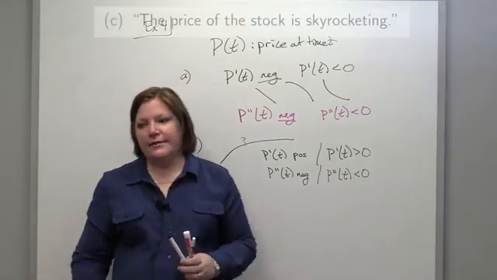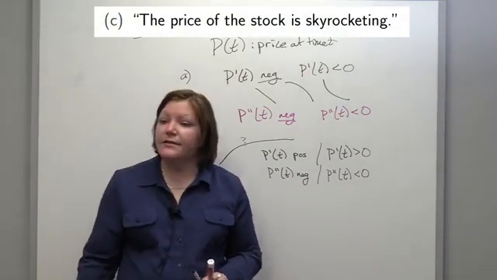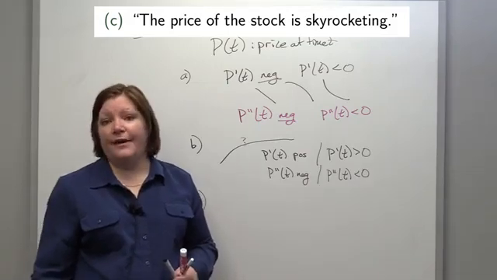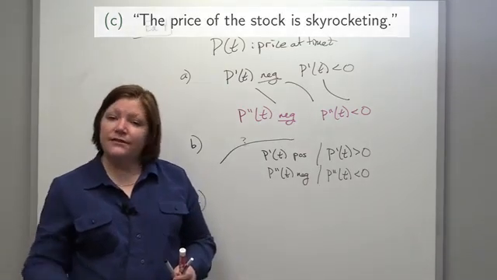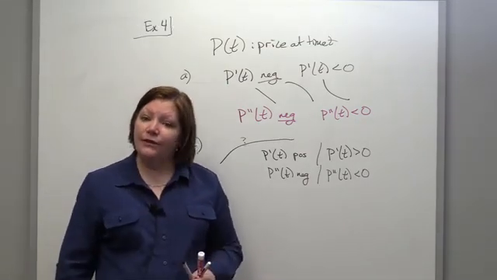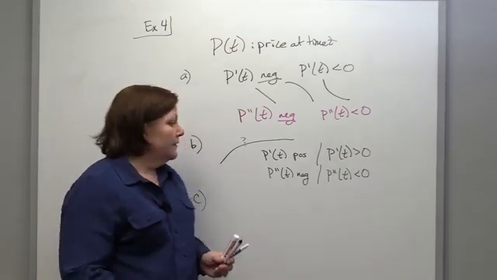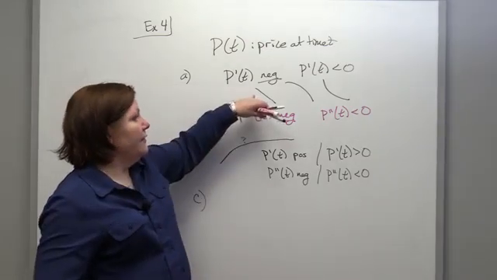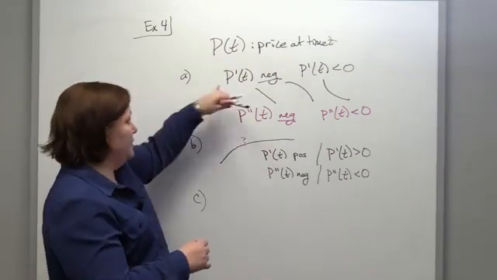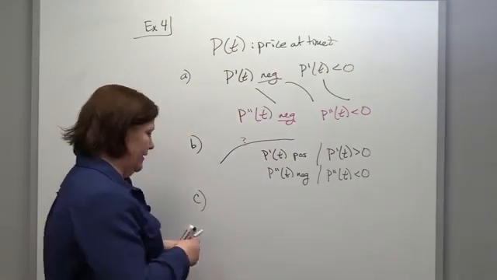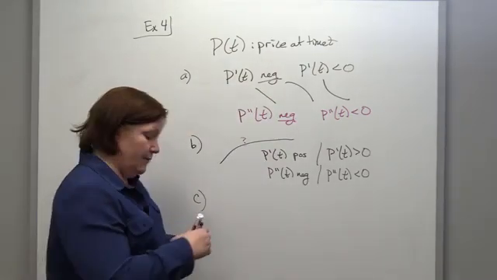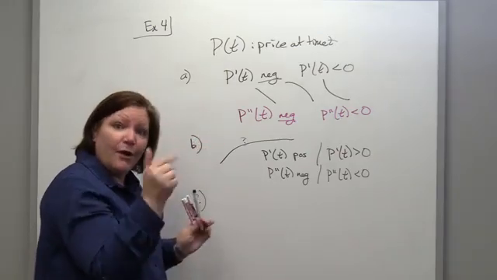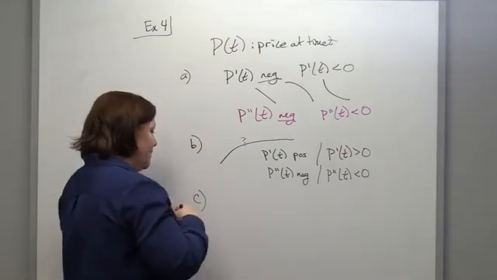The last phrase we are given is the price of the stock is skyrocketing. Now, some people might debate what that picture might look like. Again, similar to part A, we have 3 possibilities. Skyrocketing means it's getting better and better. The price is getting better, so we're rising.